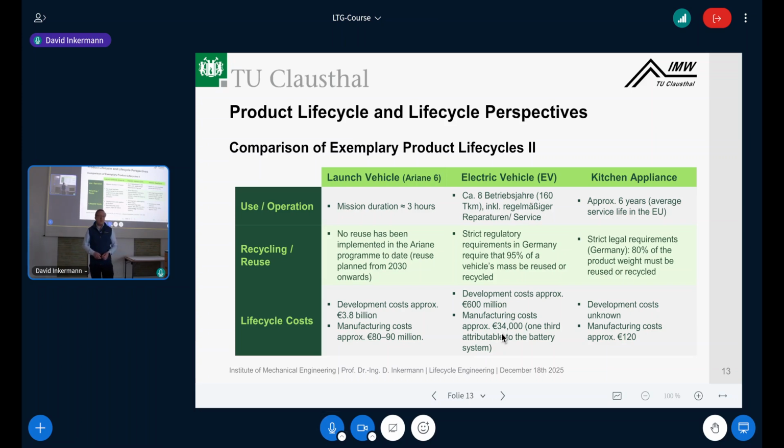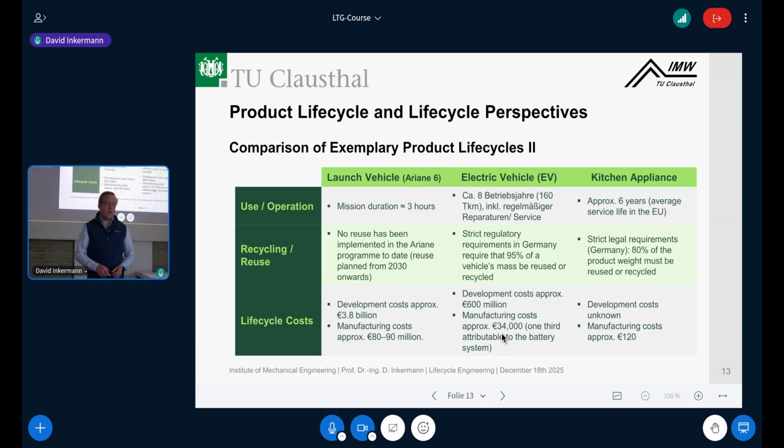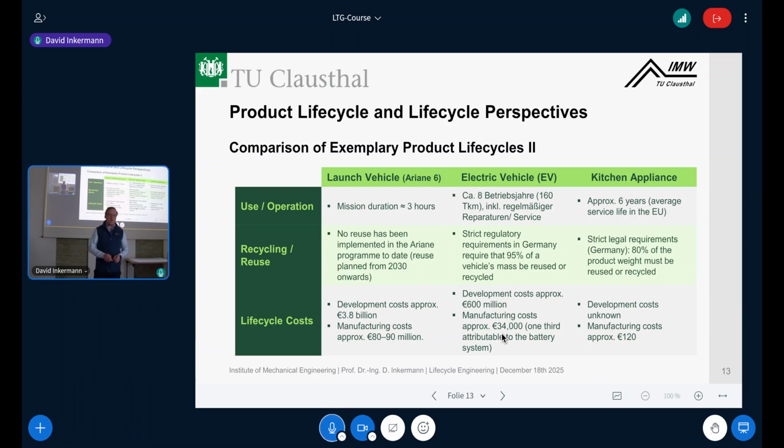And in the example of the electric vehicles, we have around 600 million, and the manufacturing cost is nearly 30,000. It depends for sure on the type of the vehicle. And with regard to the kitchen appliance, there are no official numbers about development costs. Manufacturing is about 120 euros.